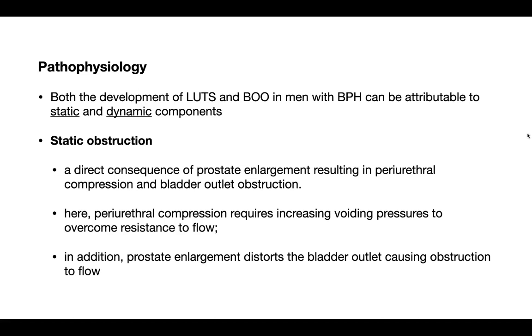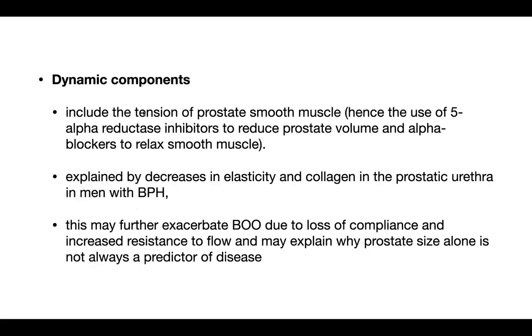So the patient actually has to push in order to be able to pass urine. Additionally, the bladder neck is enlarged, causing obstruction to the outflow. We also have the dynamic components, which include the tension of the prostatic muscles and stromal tissues.